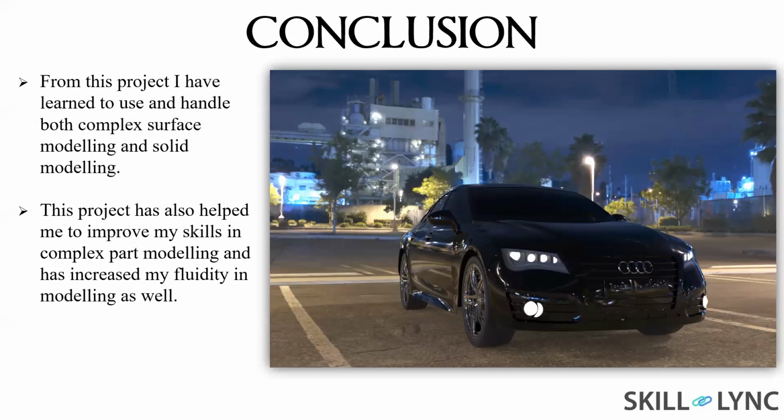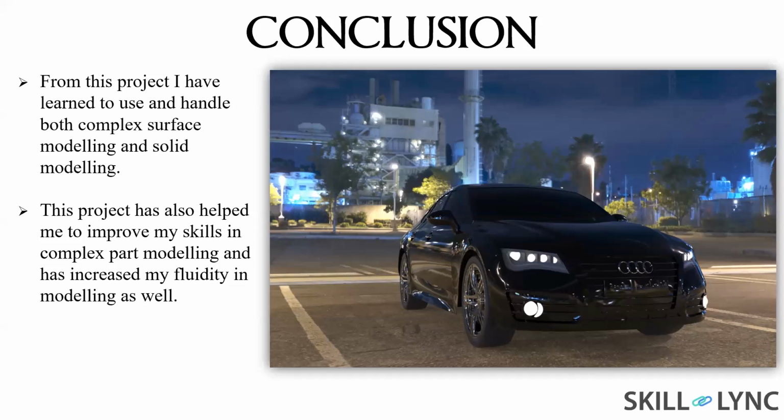So to conclude this project, I have learned to use and handle various surface tools that were new, and also some solid modeling tools as well, like draft tools, and scaling down was something that I learned new as well, and some new techniques and some new ways to model or surface any kind of part in a quick and effective way.